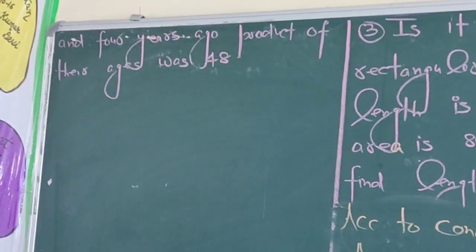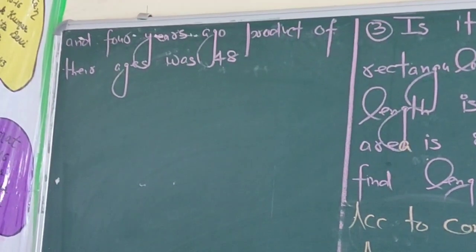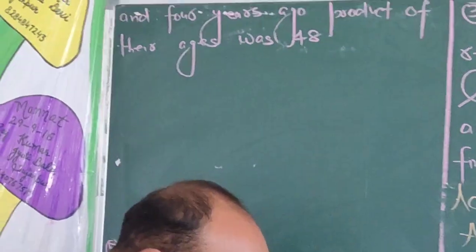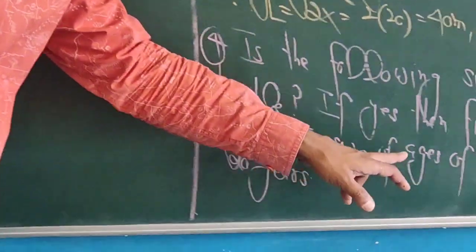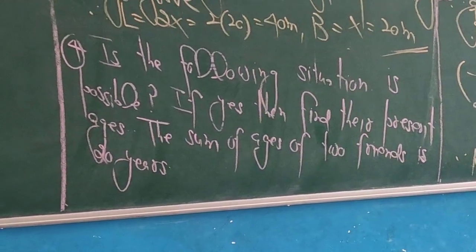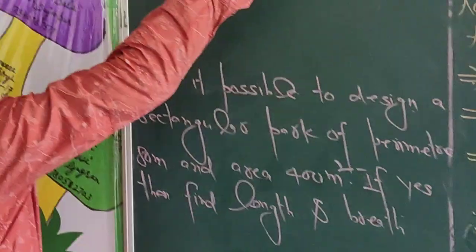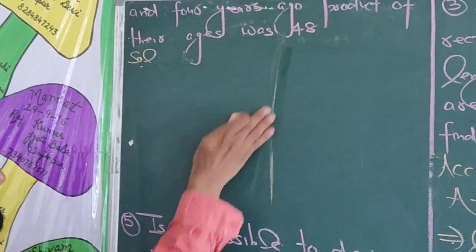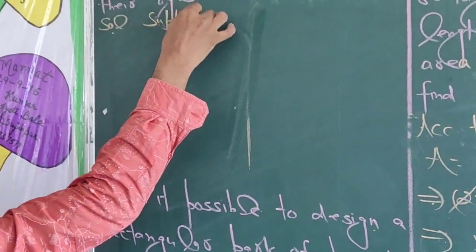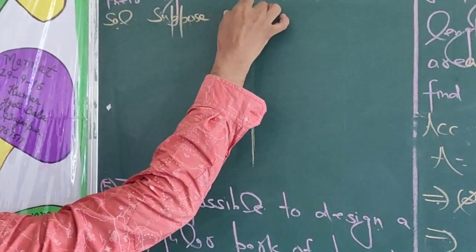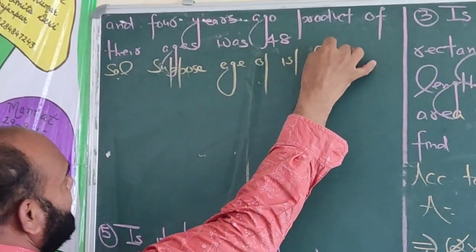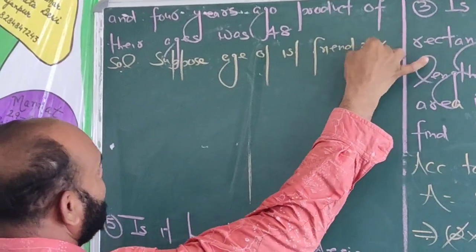And according to this, when the age of the first friend is x, then the age of the second friend must be 20 minus x, because it is clearly given that the sum of ages of two friends is 20 years. So suppose the age of the first friend is equal to x.